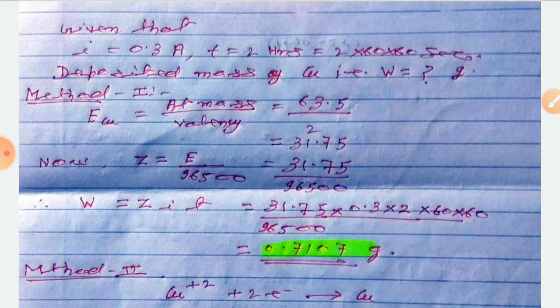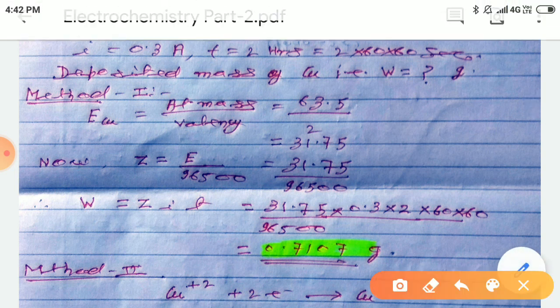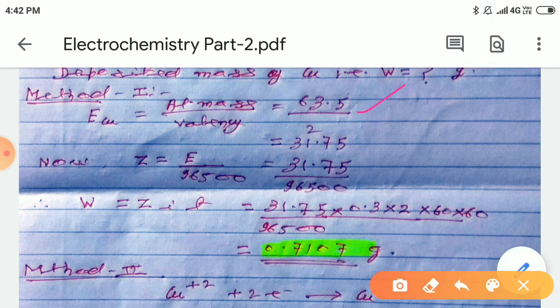The equivalent mass of copper is equal to the atomic mass of copper upon its valency. The atomic mass of copper is 63.5 and the valency is 2. Therefore the equivalent mass of copper will be 31.75.